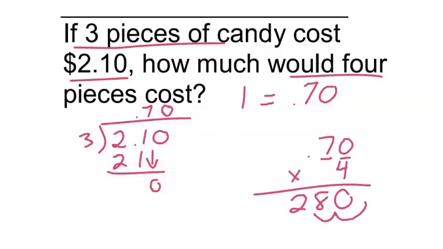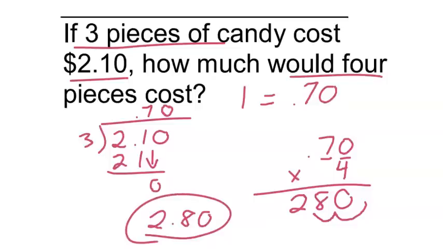Just bring those over. We end up with $2.80. Or you could have taken the original cost, which was $2.10, and added the 70 cents to that, and that would also have given you $2.80. But either way, that's how you would find out how much it costs for 4 pieces of candy.